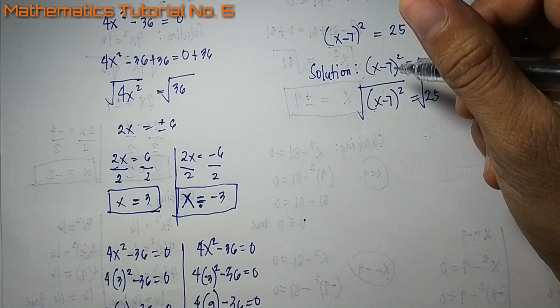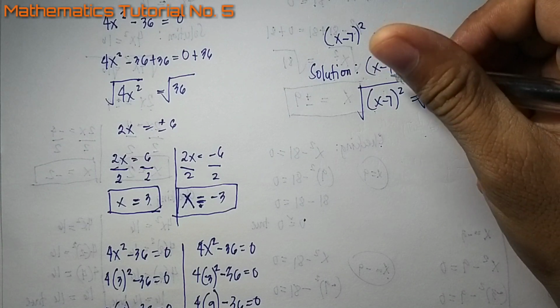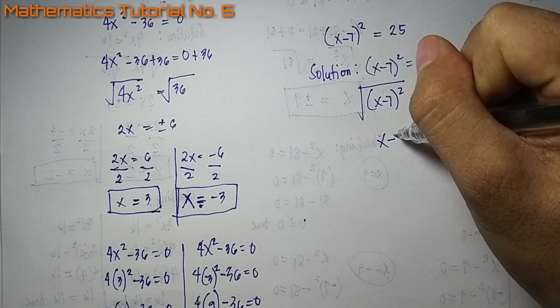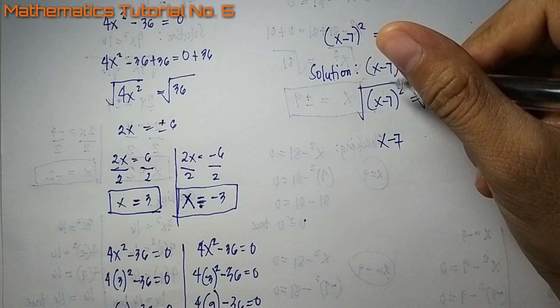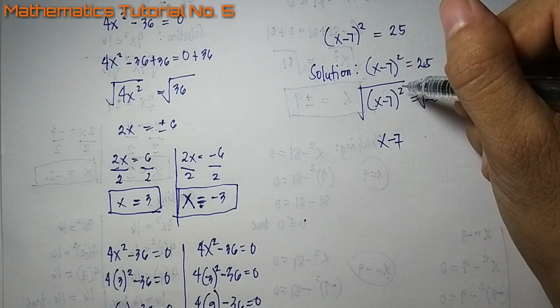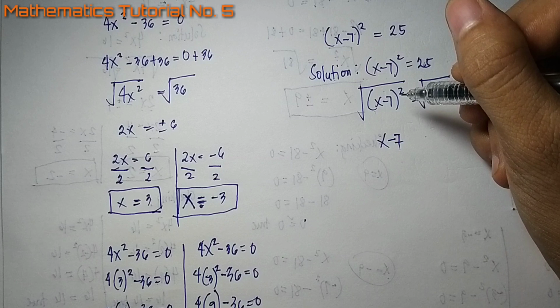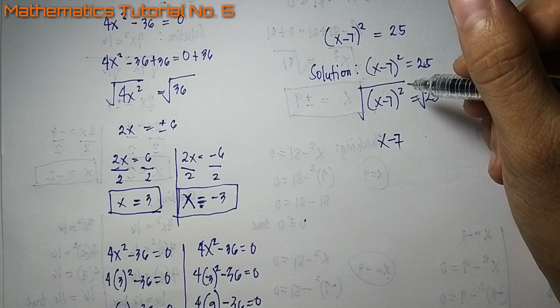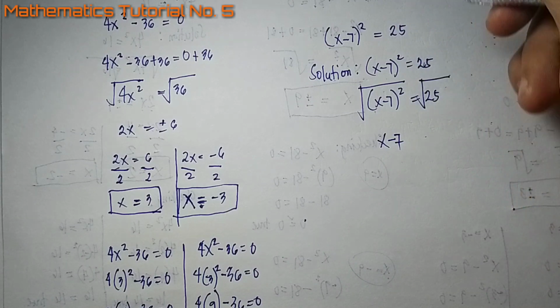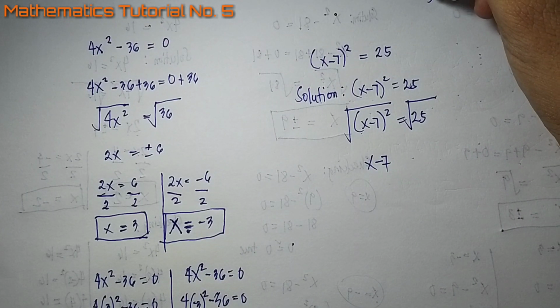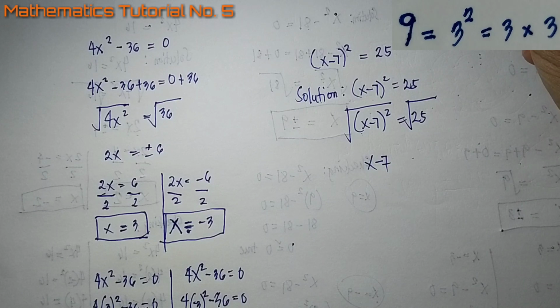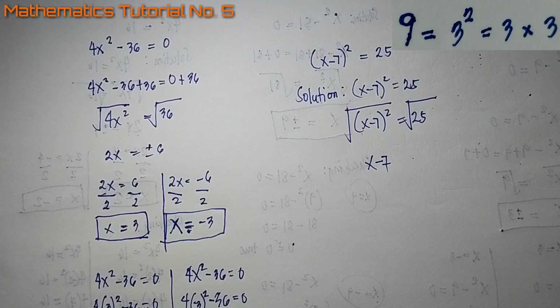Ang square of x minus 7, ang square root ana is x minus 7 ra gihapon. Kay ang pasabot sa kining the square of x minus 7 kay x minus 7 times x minus 7 na. Parehas na siya sa the square of 3 or 3 squared. Di ba ang pasabot sa 3 squared kay 3 times 3.